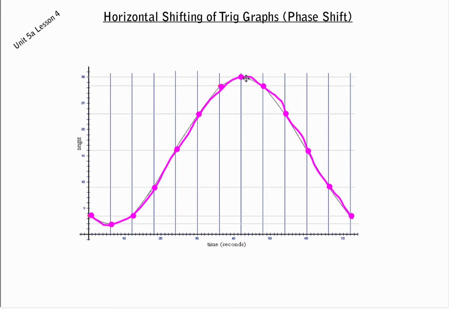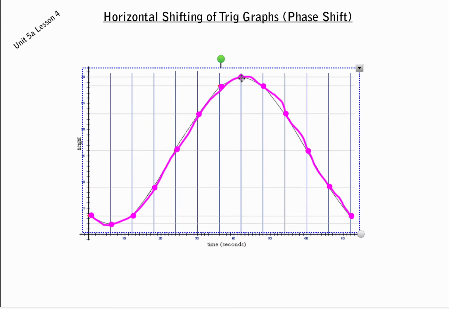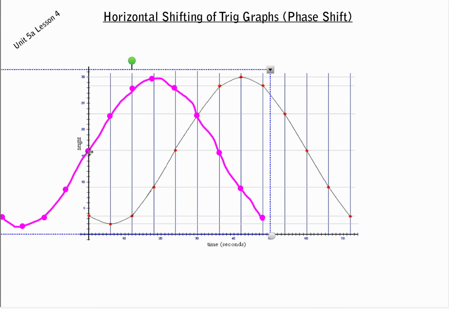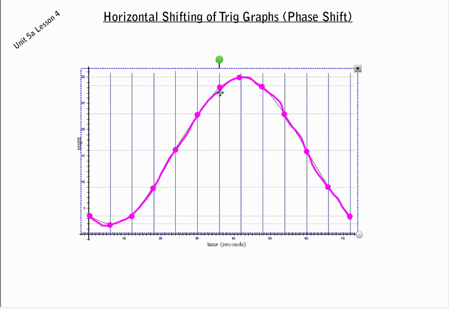Or I can look at it as a sine wave. I can find the middle of the lowest and the highest point, which looks to be right there, and I can say it's a sine wave. There's my hill starting to make a valley. And that's the beauty of the phase shift. It then allows you to see it as a cosine or a sine wave. Neither is more correct than the other.